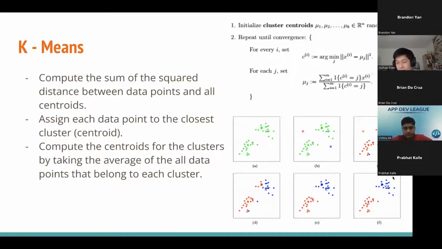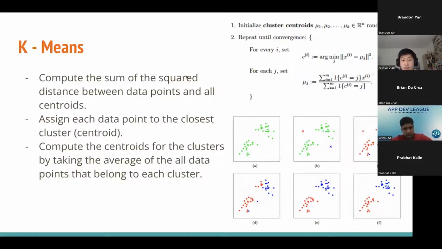So as you can see in picture F, we have a pretty good representation of what the algorithm would do, and it does pretty well, right? Grouping these two groups. So yeah, the slide basically explains it.